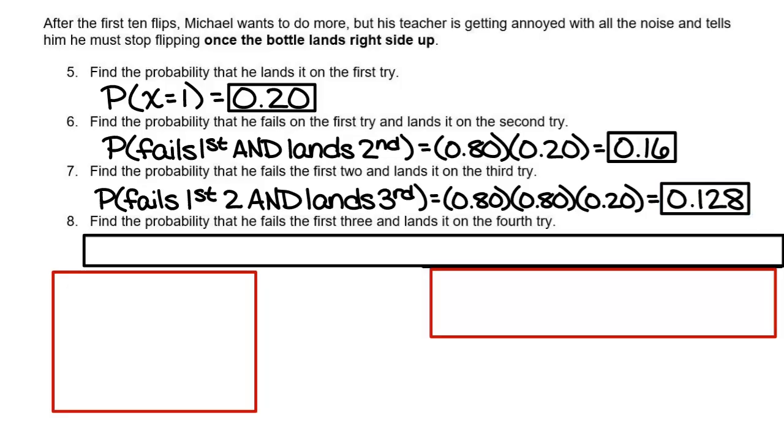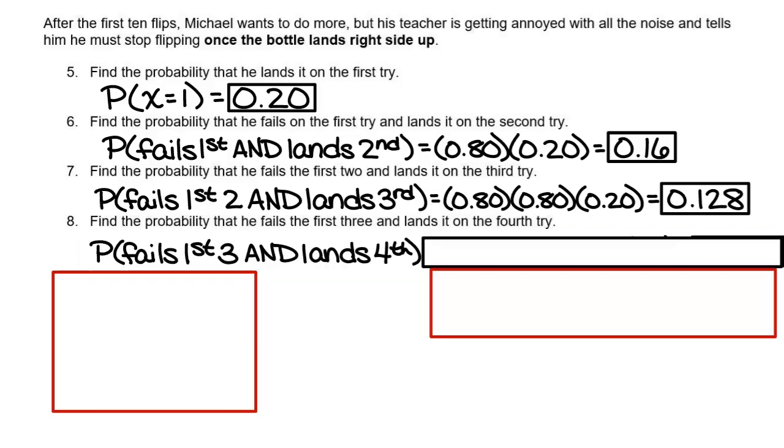0.128. Find the probability that he fails the first 3 and lands it on the 4th try. What's this one going to look like? Tell me how to write it out. Probability fails first 3 and lands 4th. Okay, so what's my work going to look like? 0.80.